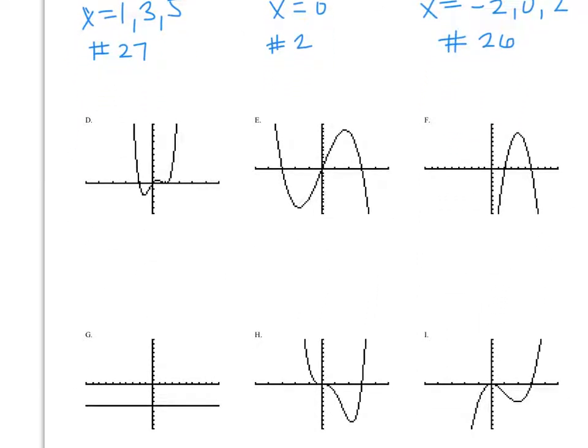Okay, D, we go up on both sides. Okay, so we're going to be looking for an even degree. X-intercepts are -1, 0, and now there is another x-intercept. The graph isn't actually crossing at +1, but it's touching, and that does count as an x-intercept. Okay, and D goes with number 33.